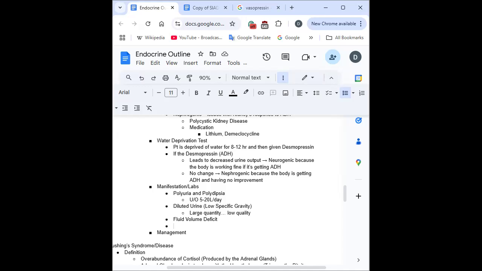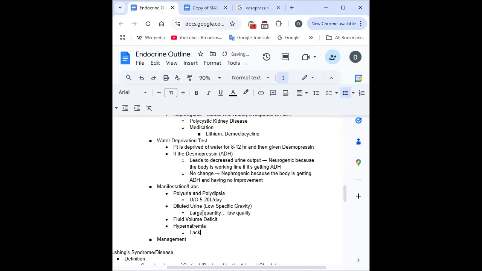So you're going to have the opposite problem from what we had with SIADH. We're going to have an increased serum sodium. That's the big thing there, because now we have a loss of a lot of water without the loss of sodium. So we're going to have hypernatremia here.